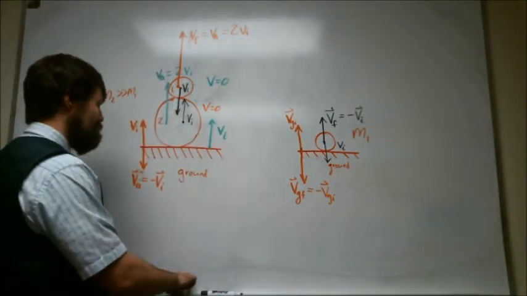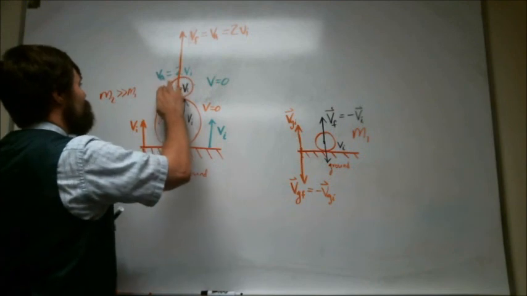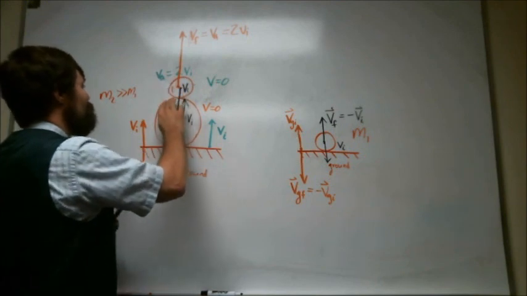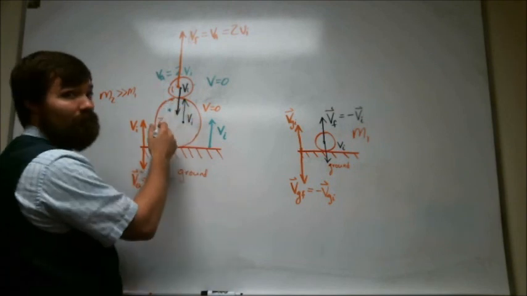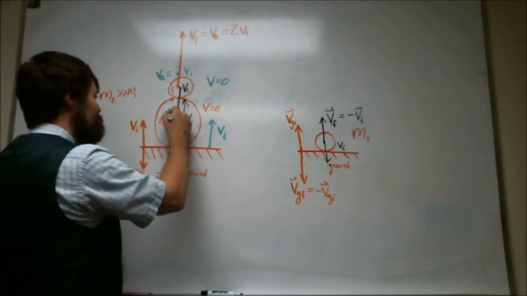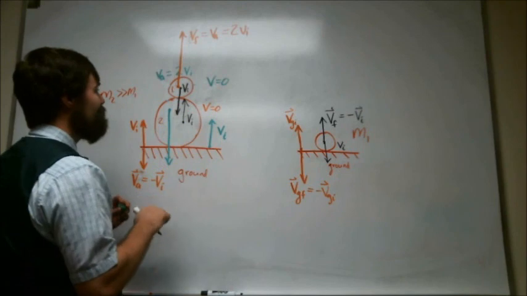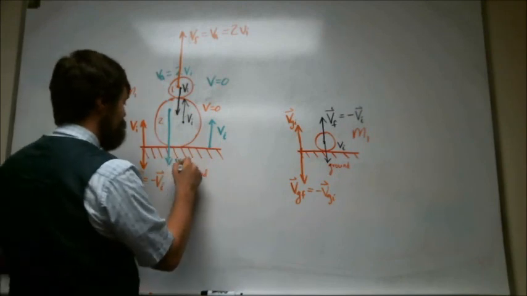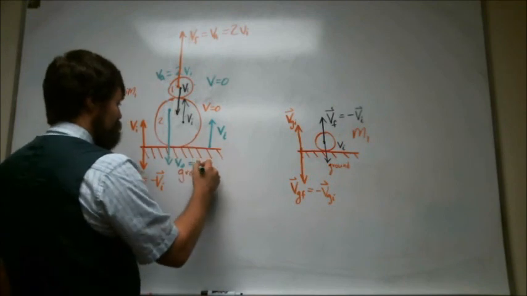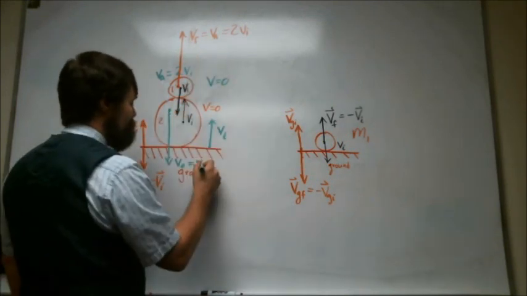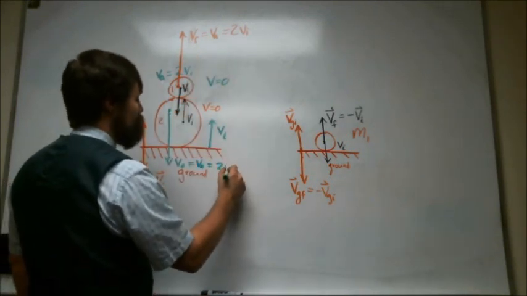And if we wanted to also look at what ball number 1 now looks like it's doing, from ball 1's perspective, it now would be falling away with a final speed of the same v after impact, which is 2vi.